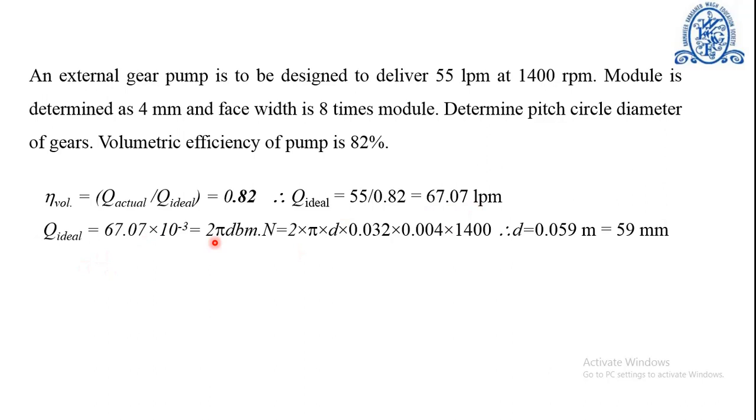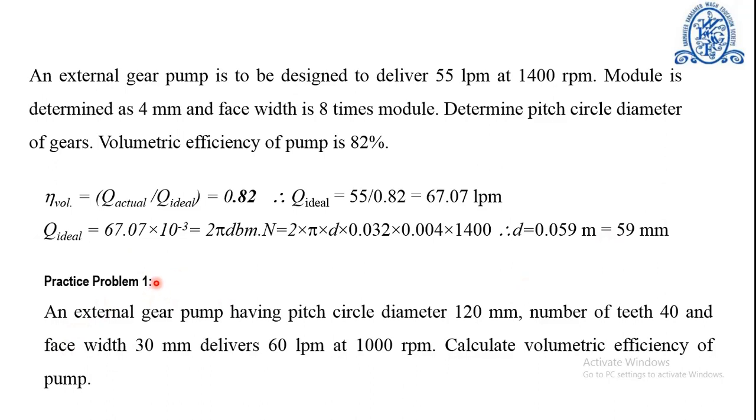Knowing this value, and since we have already derived the expression for the ideal flow rate, which is 2 pi d into b into m into N, where N is the RPM of the pump, and substituting these values except d, which is unknown, we can find the pitch circle diameter as 59 mm. Now you can solve this practice problem based on the given formula.